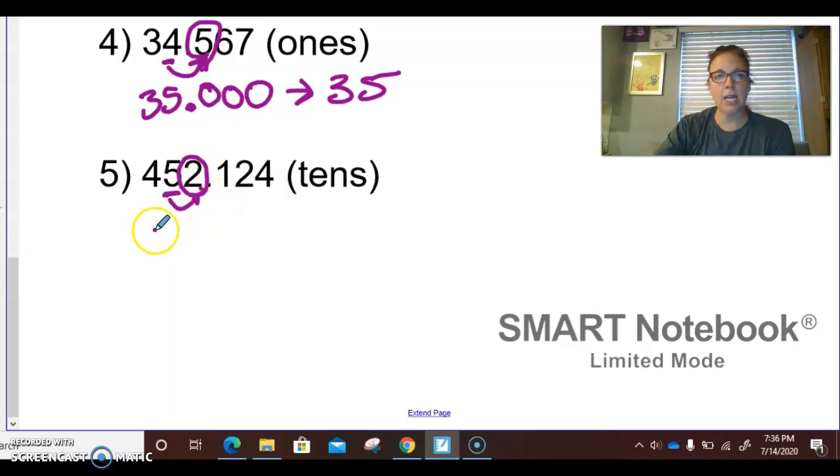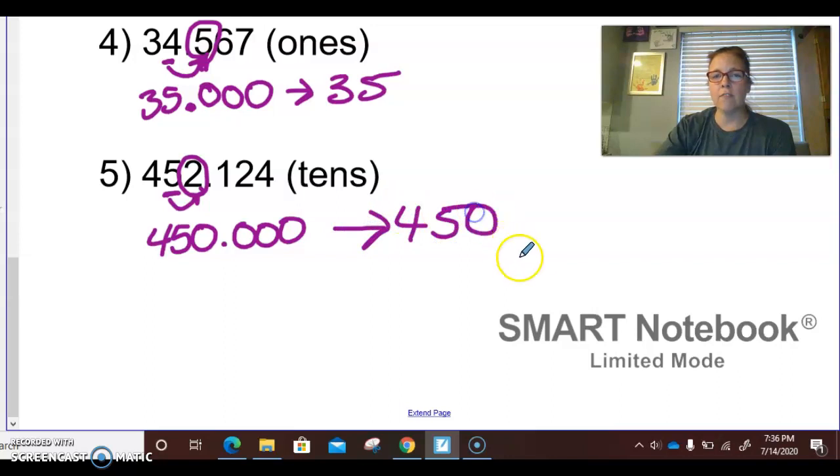No, it is not. So the 5 will just stay the same. And then we make this a 0 and everything after it a 0. Now you can leave it just like that. That is the same as 450. Either answer is fine. Okay? All right, that is it.